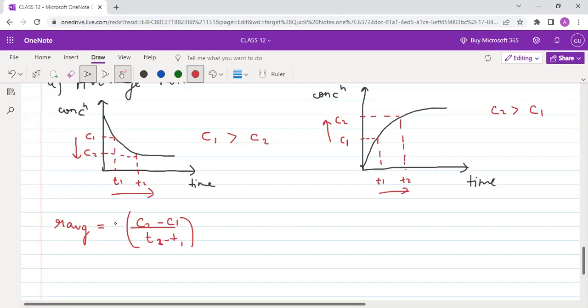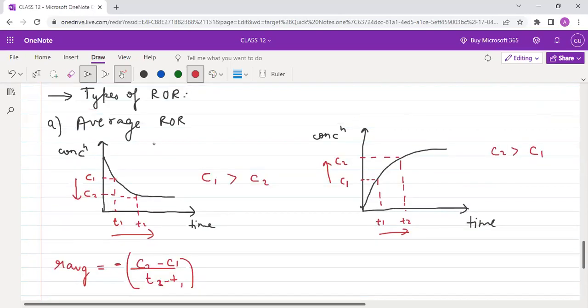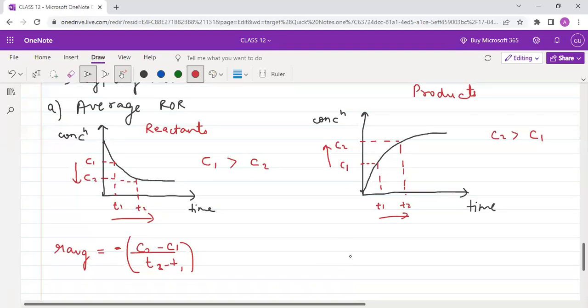That's why we'll place a minus sign for reactants. Okay, ma'am. So this graph is for reactants and this graph is for products. So here our average rate expression for products will be C2 minus C1 upon T2 minus T1. Is it clear? Yes, ma'am.